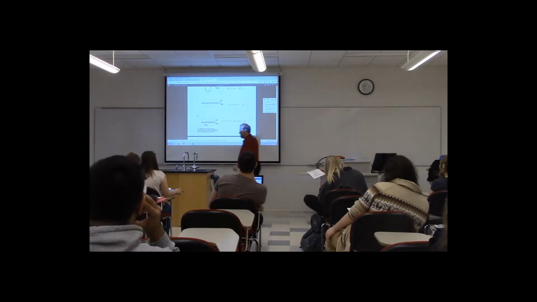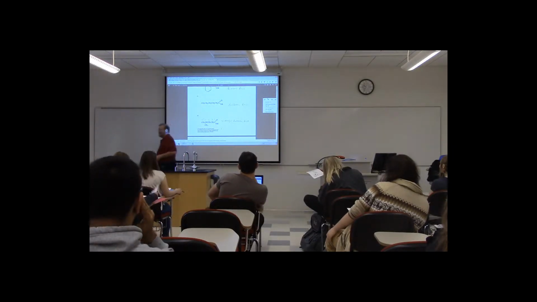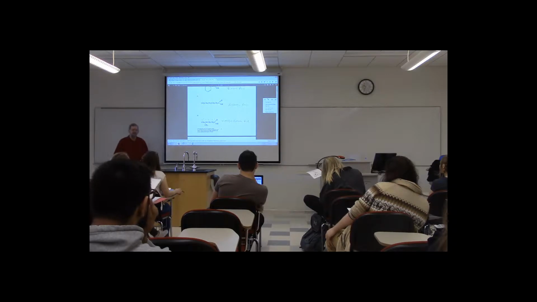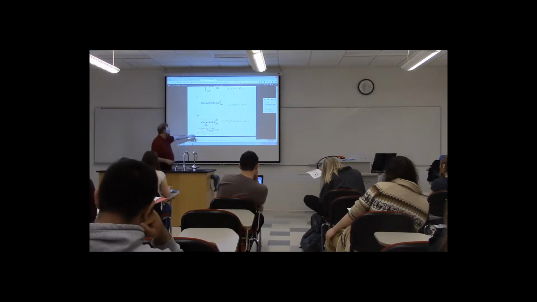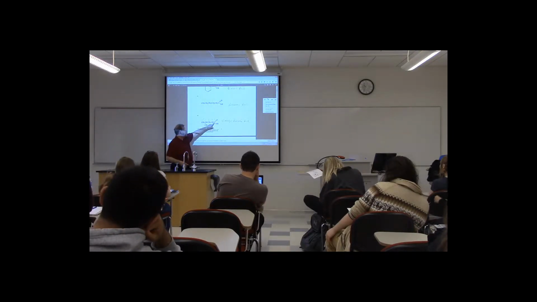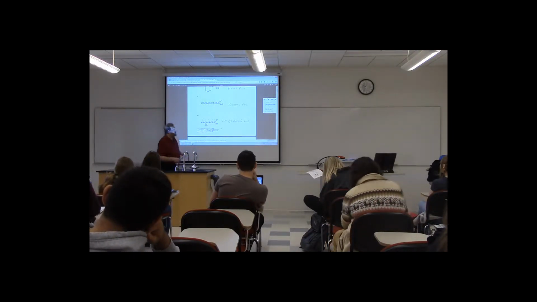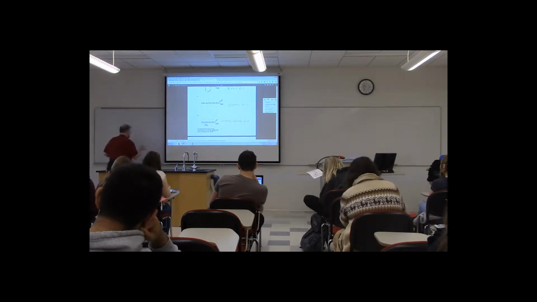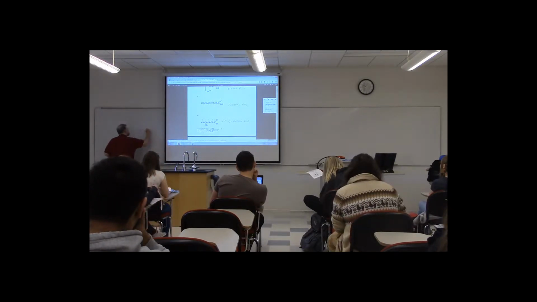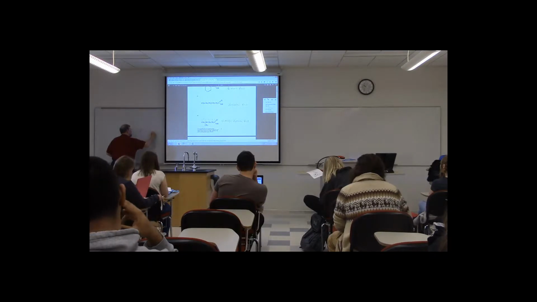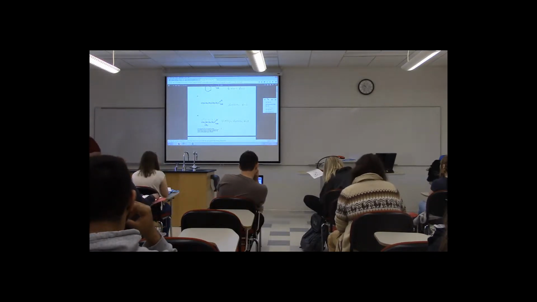And if we look at this, the question is, what's the IUPAC name? The first thing is, what functional group are you dealing with? And what's different? 2 oxygens, carbonyl, hydroxyl group, carboxylic acid. And how do you name a carboxylic acid?